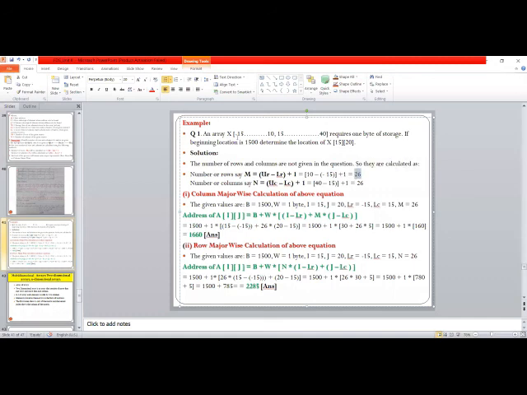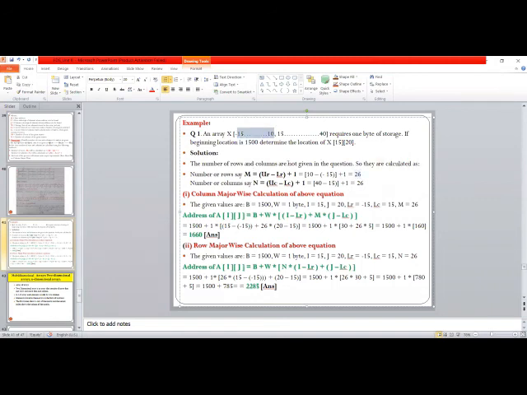It will give you 26. So starting from minus 15 to 10, there will be 26 rows. You can calculate it: minus 15, minus 14, minus 13, minus 12, minus 11, up to 0, and from 0 to 10. There are exactly 26 rows here.